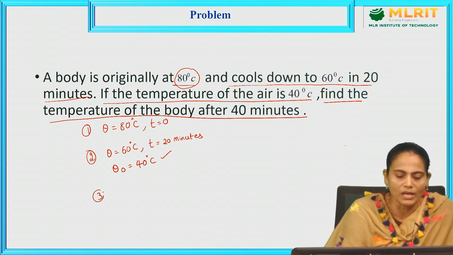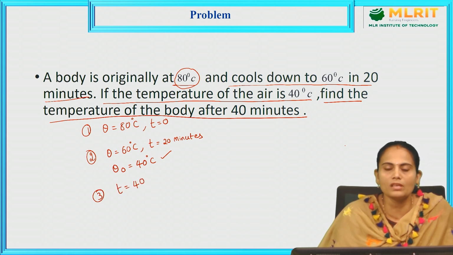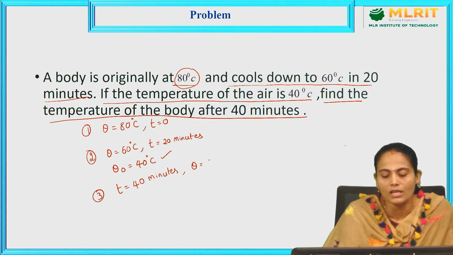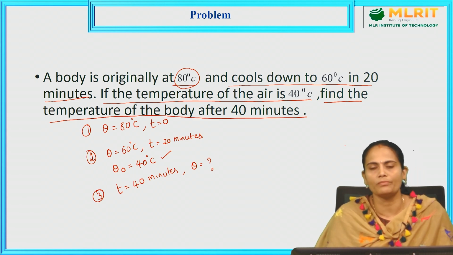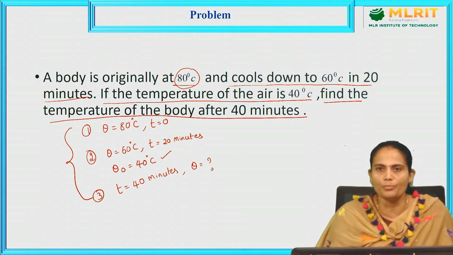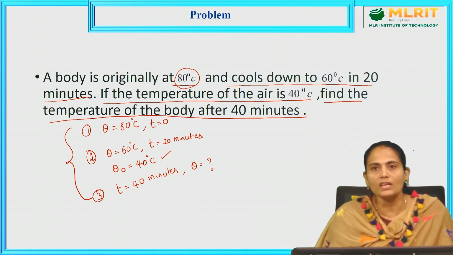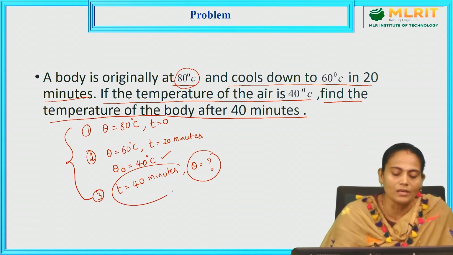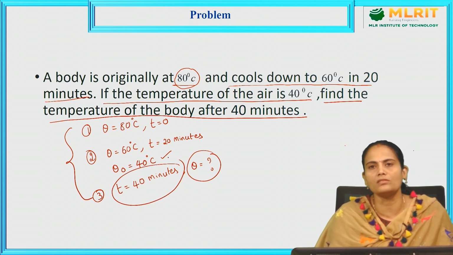So that means the time is given. What is the time value given? t is equal to 40 minutes, and we have to find the temperature of the body. Right. So these are the conditions given in the problem. And now we have to find the value of theta when the time is equal to 40 minutes.